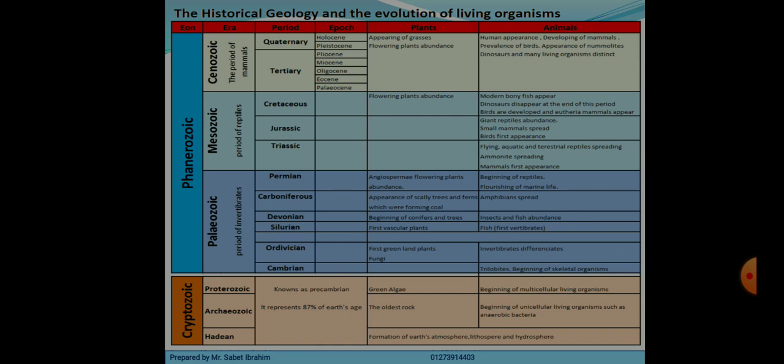So the Cryptozoic includes Hadean, Archeozoic, Proterozoic. Hadean is from 4,600 million years to 3,900 million years, Archeozoic from 3,900 million years to 2,500 million years, and Proterozoic from 2,500 million years to 542 million years.